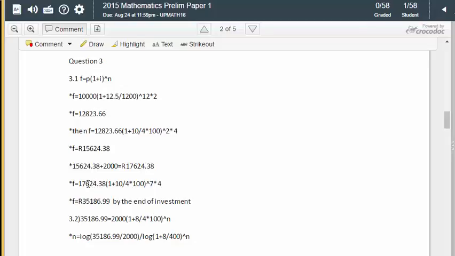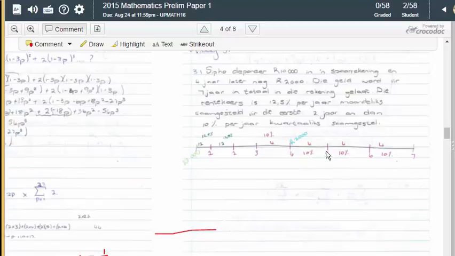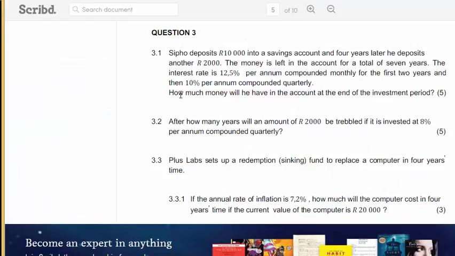So this amount of money is the amount at this point in time. There's 17,000 rand, and that amount only grows for 3 years. Maybe she was a little bit confused because she understood it as how much money will be left in the account at the end of the investment period, and since it's 7 years, maybe she thinks it's from there.